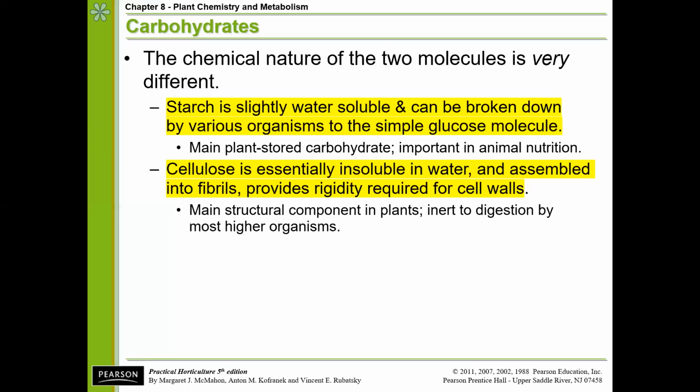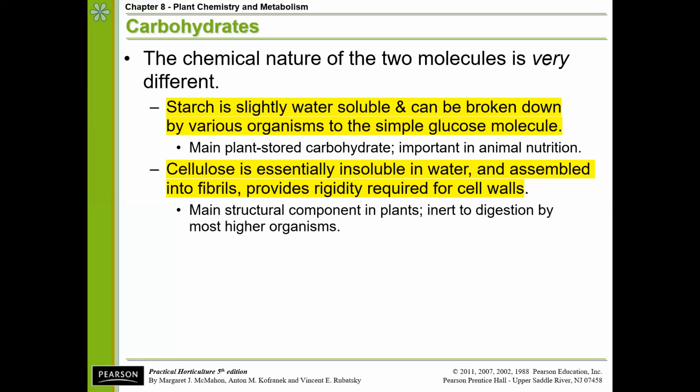So starch is more for energy, cellulose is more a structural component. We cannot digest cellulose very easily. Organisms cannot digest cellulose very easily. Cellulose becomes very important for organic matter, but just for the body, not as much.